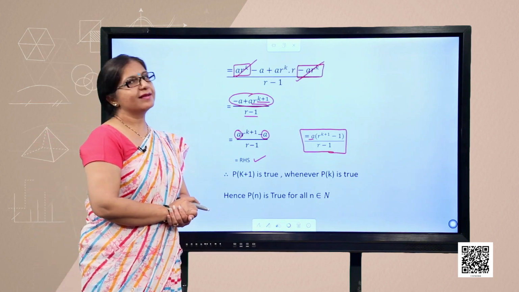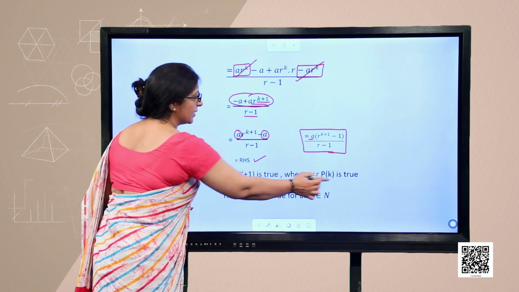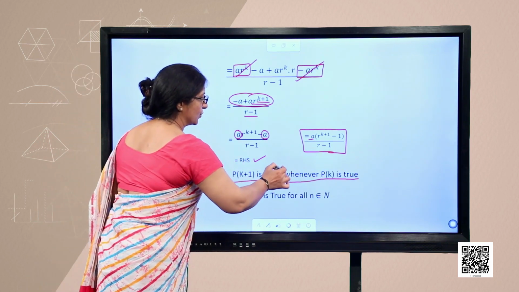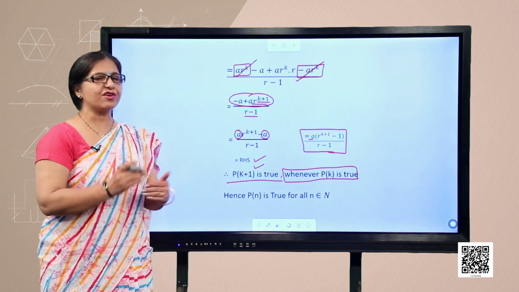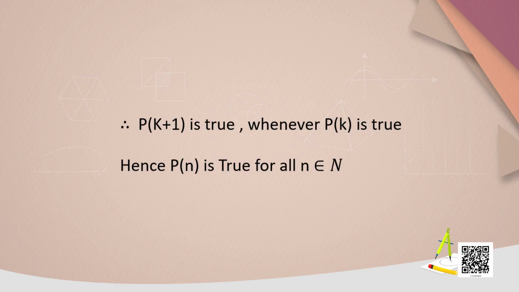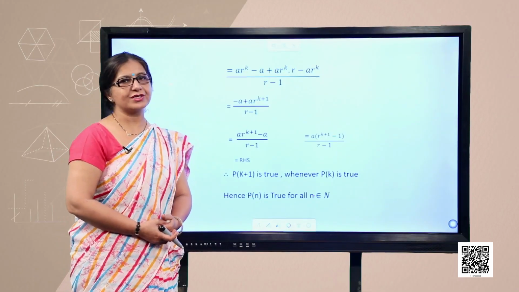So we can say that Pk plus 1 is true whenever Pk is true. To prove the truth of Pk plus 1, we need to assume that Pk is true. Hence, Pn is true for all n belonging to natural numbers.